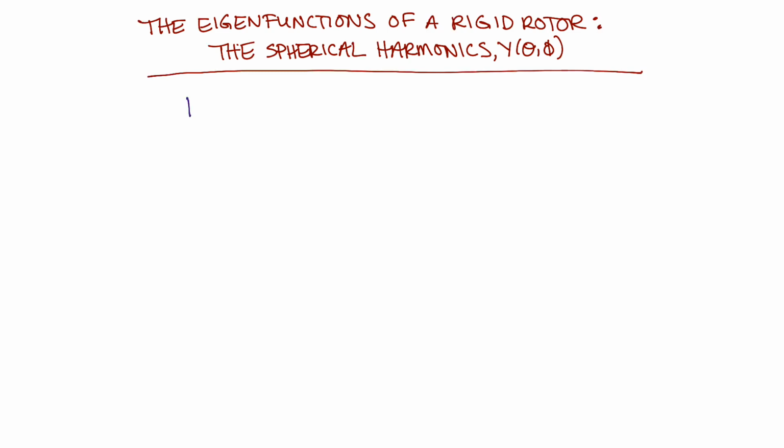So, a very basic Schrodinger equation for the rigid rotor: essentially H psi equals E psi, except that instead of psi we're using our spherical harmonic notation, Y of theta and phi.